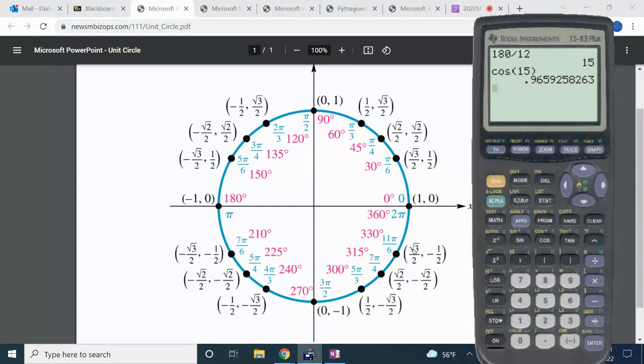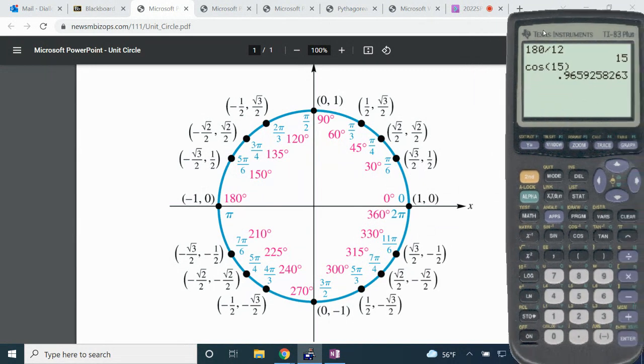So here's where the sum and difference formulas come in. Even though I don't have a 15-degree angle, I can take two angles and subtract to get a 15. I can take 45 minus 30, because 45 minus 30 is 15. I can also subtract 60 minus 45.